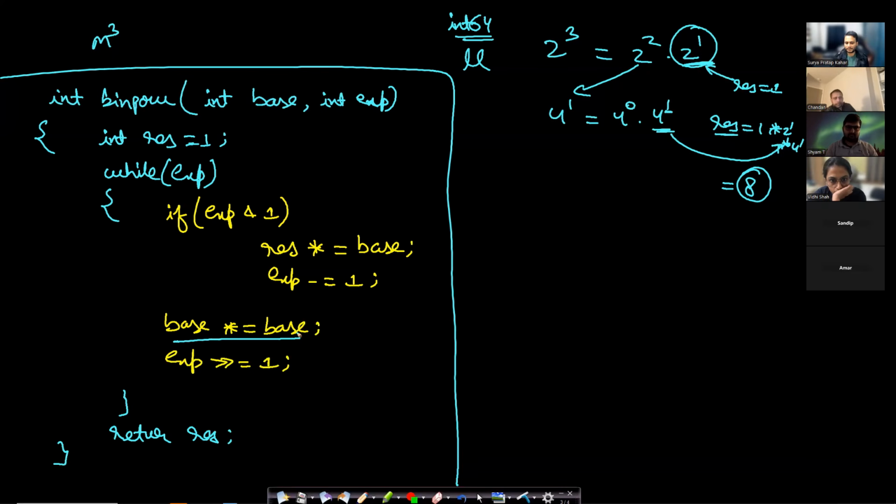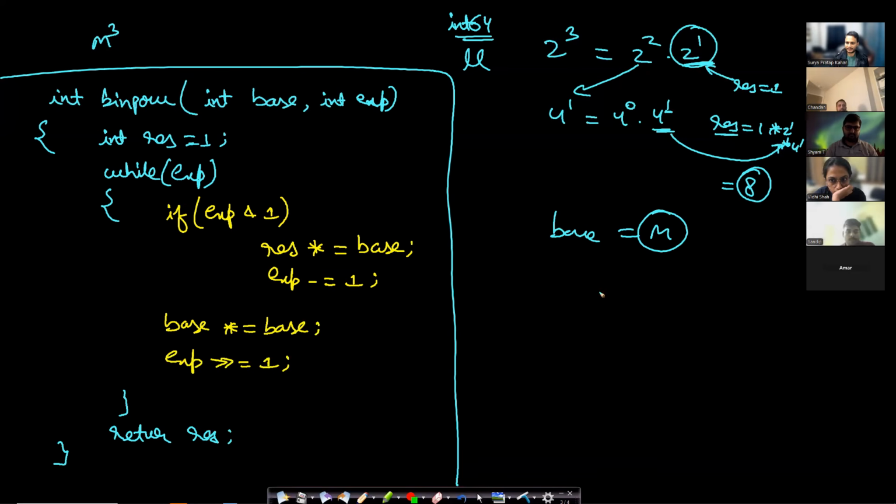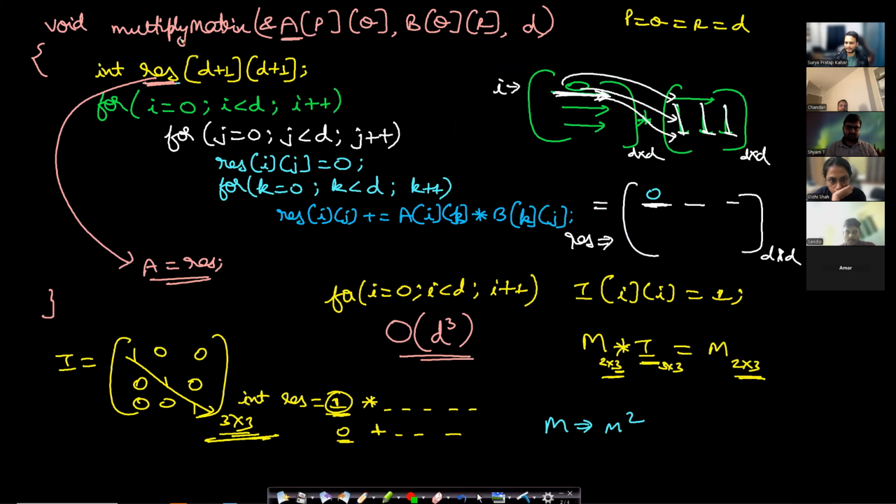But if base was actually a matrix, then can you just write m times m? You cannot do that. So you have to call this function matrix multiply and pass the same m's here and get the result back. Understood? That is why this is an extra overhead in the utility function.